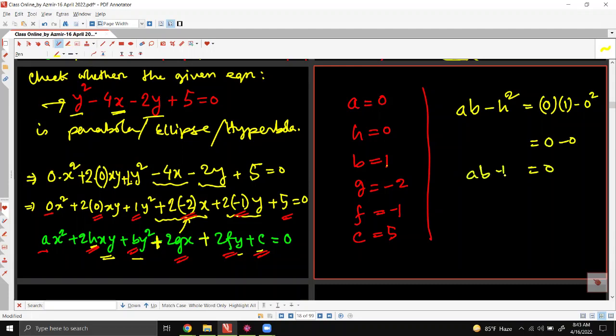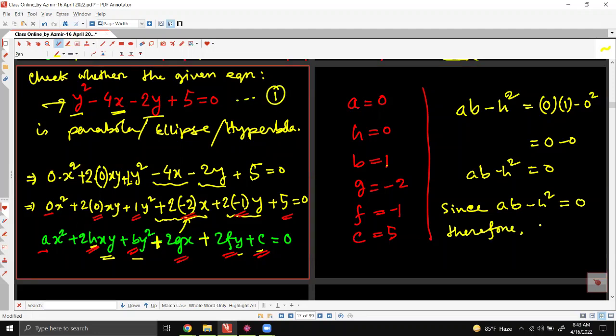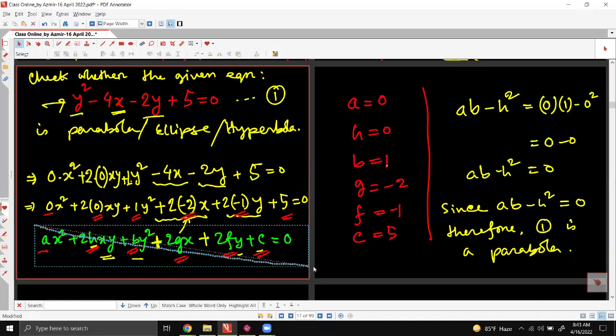So we can see that ab minus h squared is 0. So since ab minus h squared equals 0, therefore, let's say this is equation 1. So equation 1 is a parabola. So this is how we can compare a given equation with the general equation of second degree.